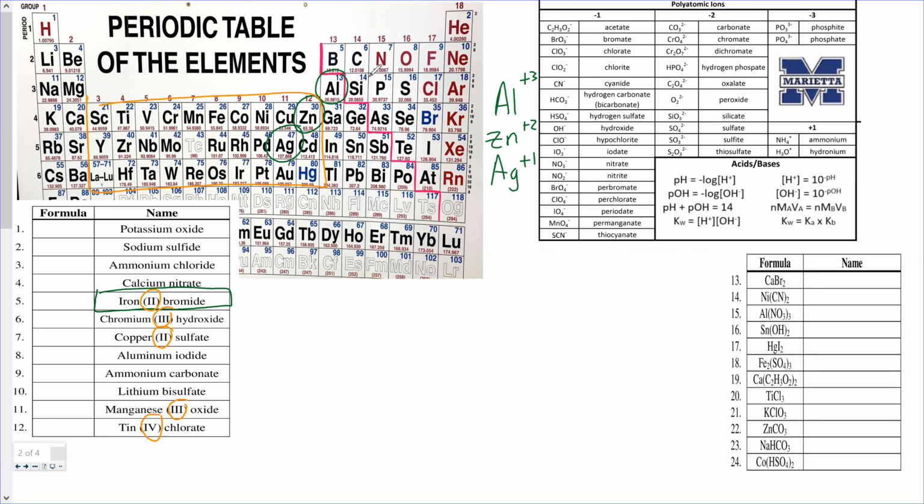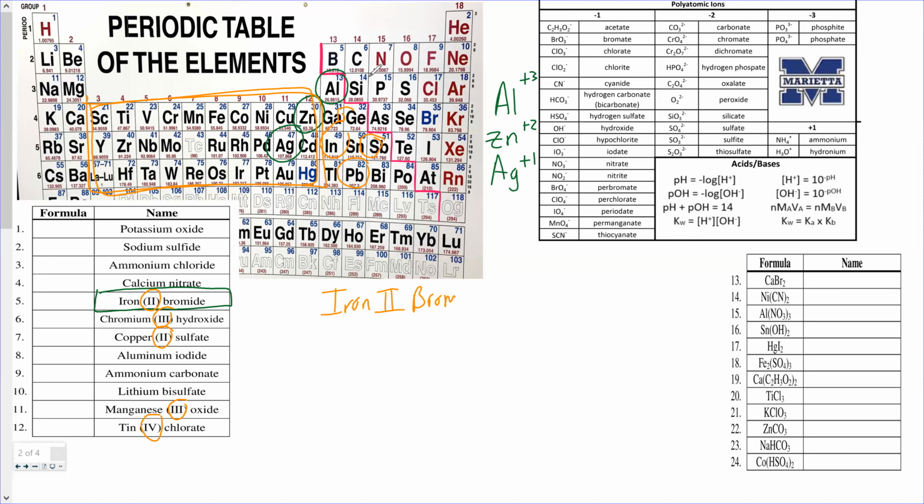You may get a couple that are down here, but mostly from right in here. This one says iron, what's that Roman numeral? 2. Yes, it is 2. Iron 2 bromide.